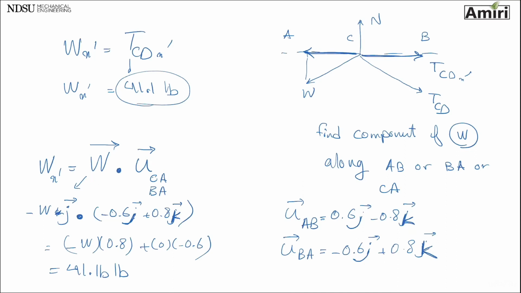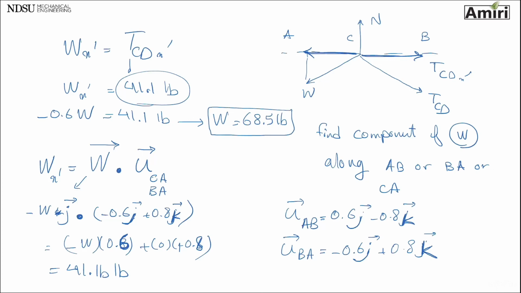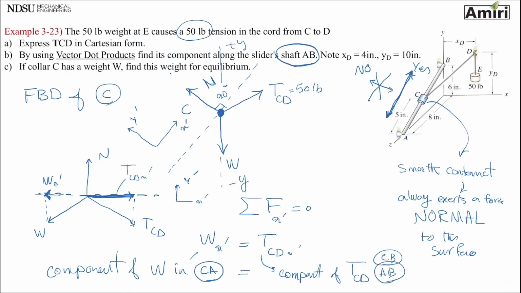Okay. Now it feels better. So this is going to be 0.6, okay, that makes sense. Sorry about that. So minus 0.6 W is going to be 41.1 pounds. Therefore, W is going to be 68.4 pounds. So someone might ask, hey, why did you only write summation of forces in X prime?